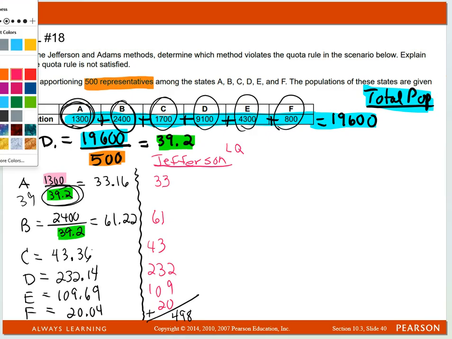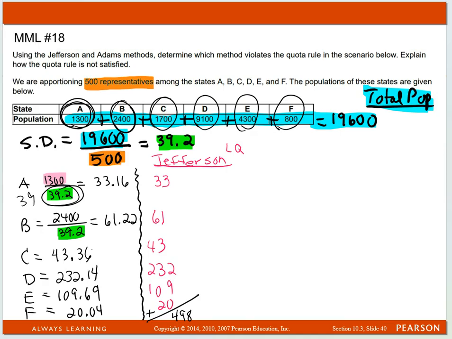Instead of red, let's go with the dark bluish here. So I ended up getting, again, 33 for A, again, 61 for B, still 43 for C. But when I did D, it took me to 233. And then E went up to 110 and F stayed at 20. And that worked because 2 of them went up and that took me to 500. So that's good for Jefferson.